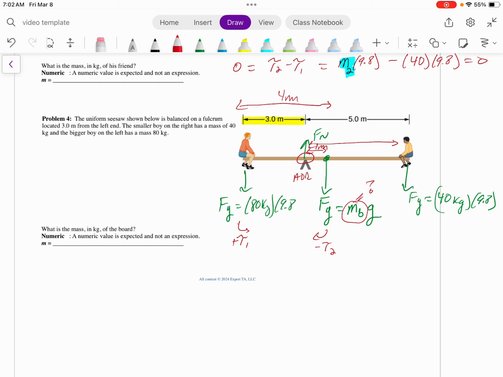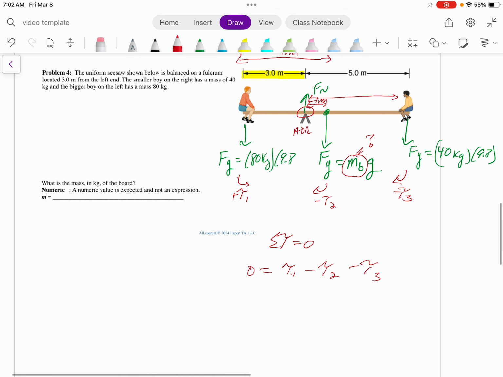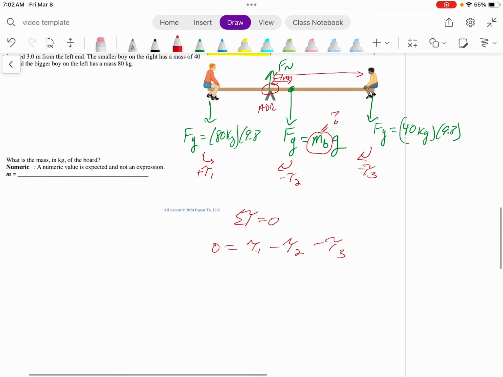So I know all the distances that I need, so I need the sum of the torques to equal 0. So 0, I will then take my positive torque 1, subtract torque 2. This right here I'll call torque 3, and it's negative. And I'm going to end up with only one unknown in this equation.